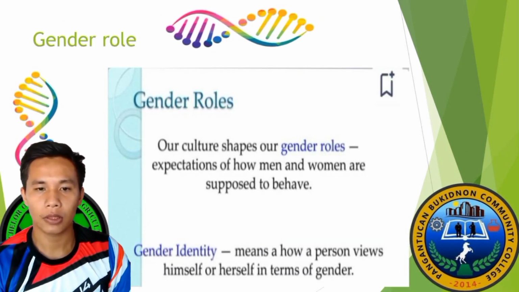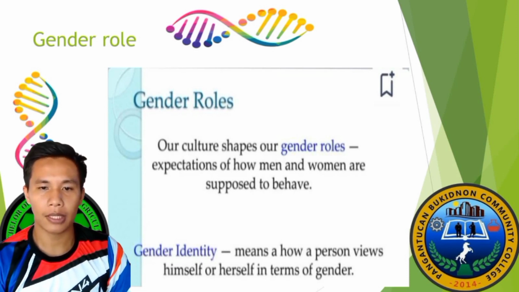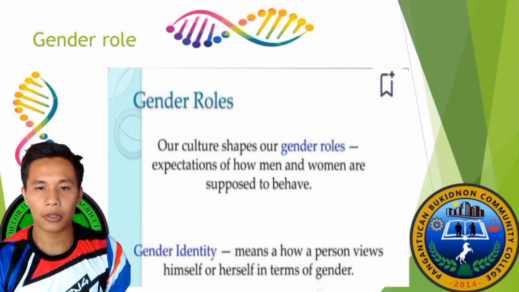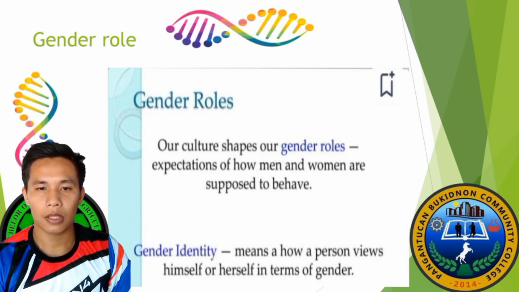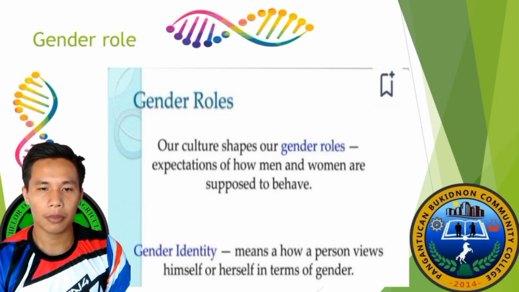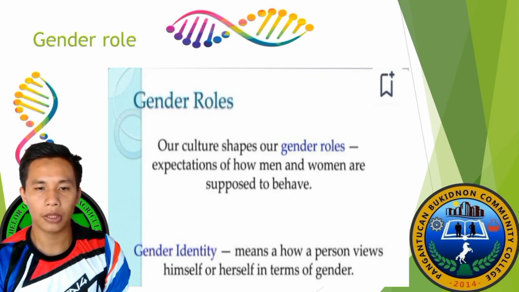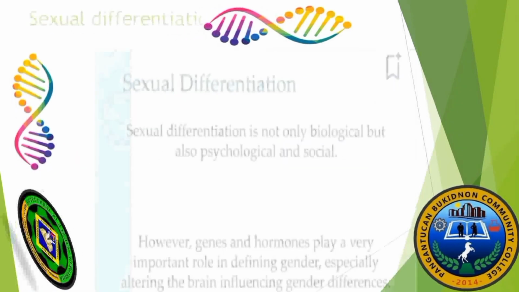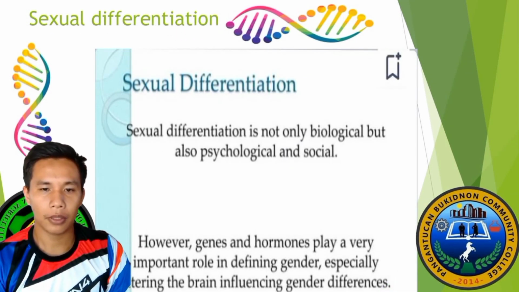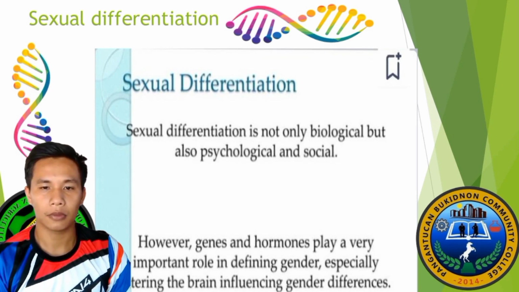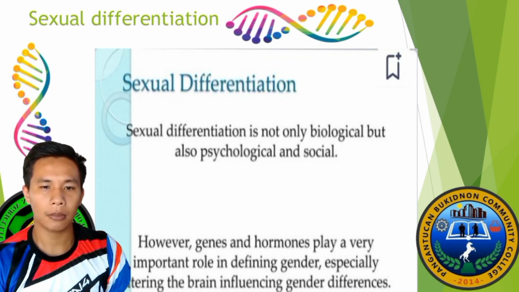Gender role. Our culture shapes our gender roles, the expectations of how men and women are supposed to behave. Gender identity means how a person views himself or herself in terms of gender. Sexual differentiation is not only biological but also psychological and social.